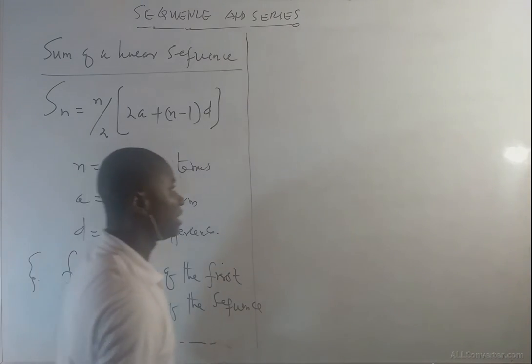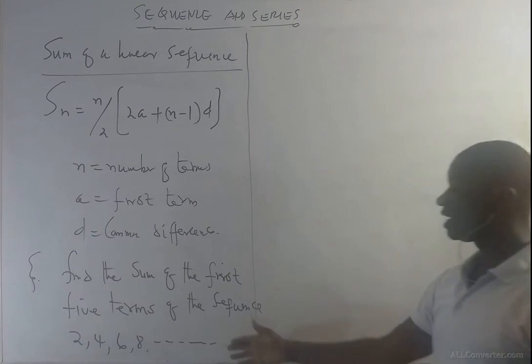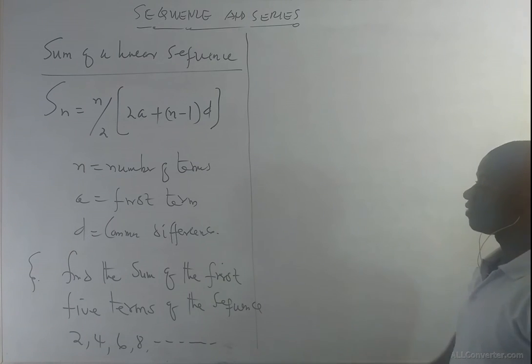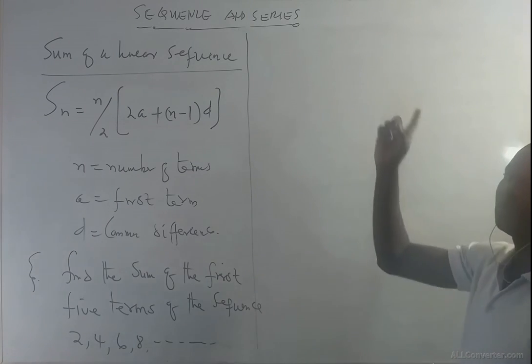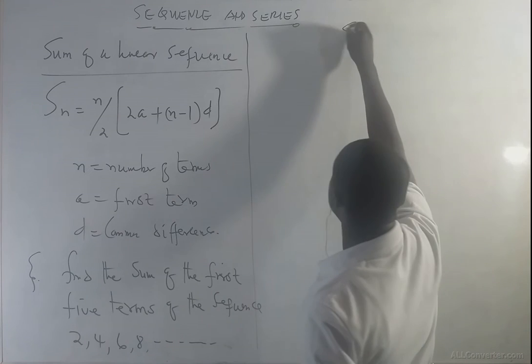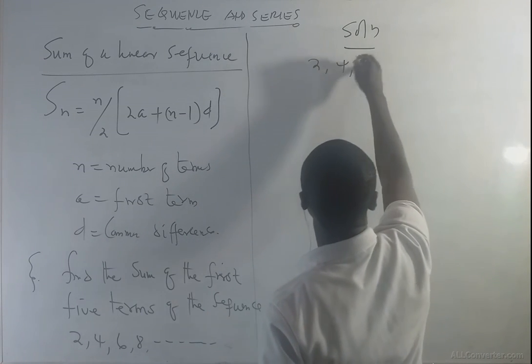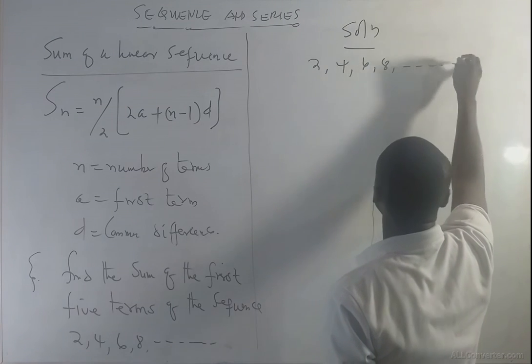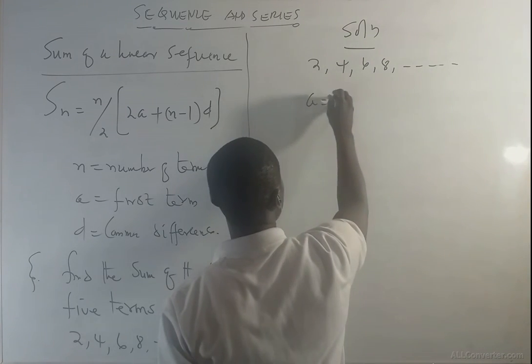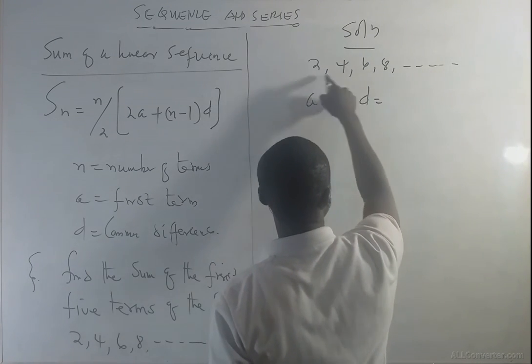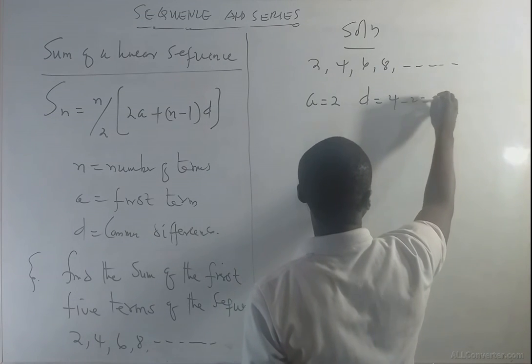This is the sequence we are given, and this is an infinite sequence because the last term is not known. Now we have to find the sum of the first 5 terms. So the solution: the sequence is 2, 4, 6, 8. So you know that your first term is 2. Your common difference, that is 4 minus 2, is 2.